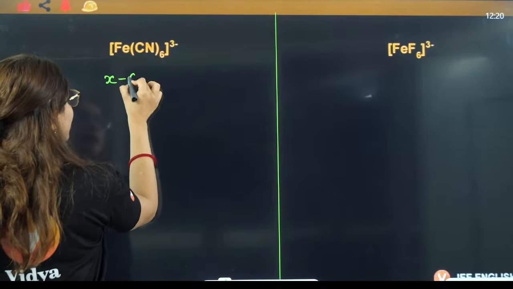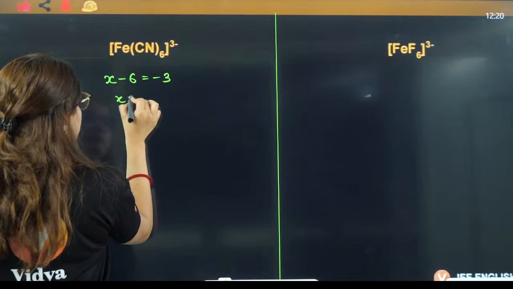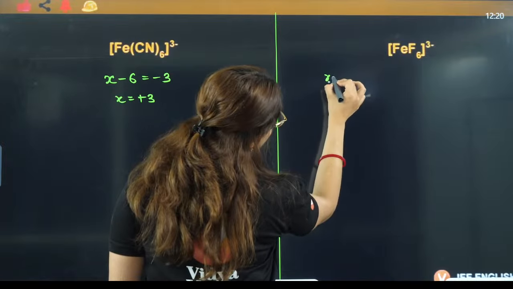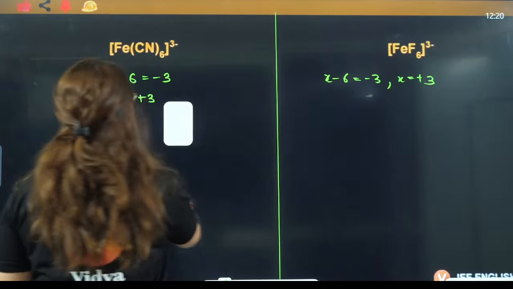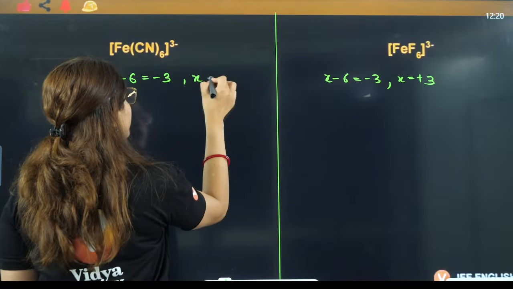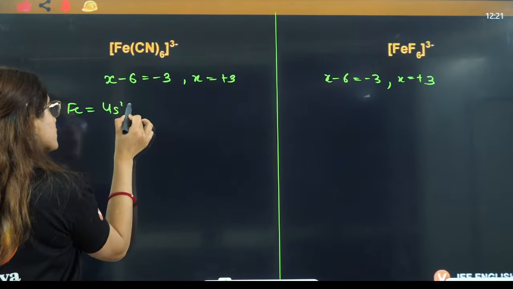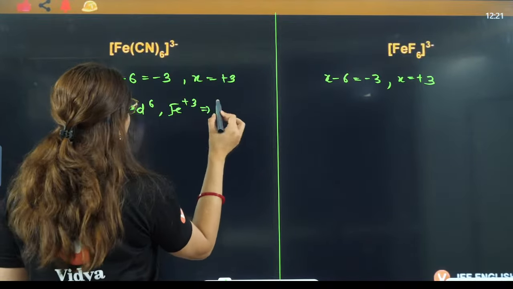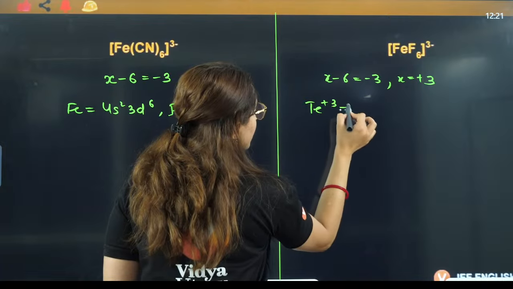This is x minus 6 equals minus 3, so x is going to be plus 3 here, right? Here as well x is plus 3. So what you need to do here: iron, that is 4s2 3d6, 26 is the atomic number, iron plus 3 will be 3d5. Here also iron plus 3 will be 3d5.